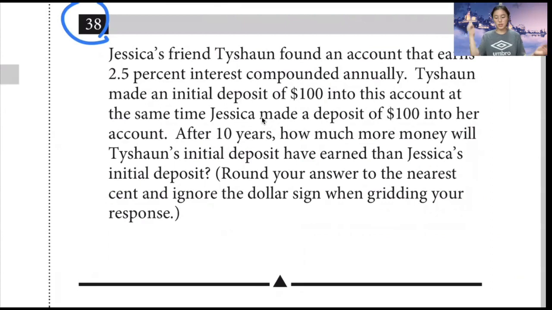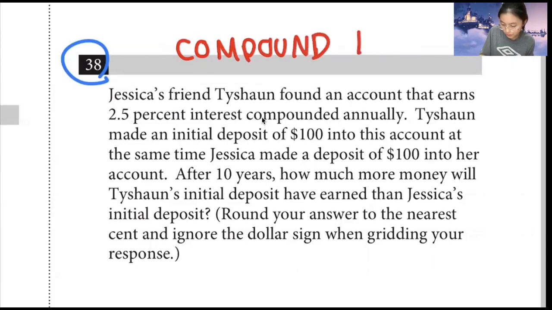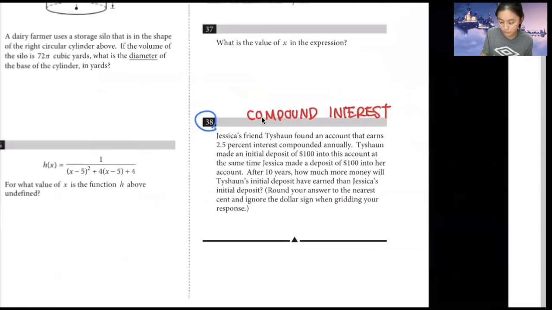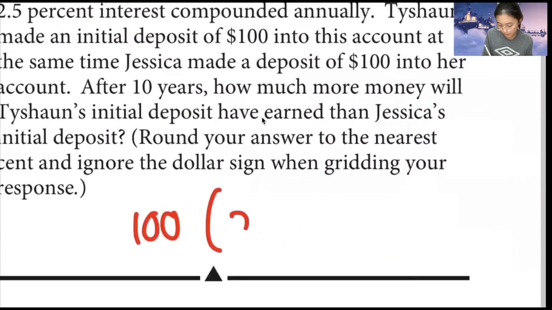So we need to review the compound interest equations. That's actually the question type. Compound interest. So we know that it's 100 times the interest rate, so how much it's growing annually.